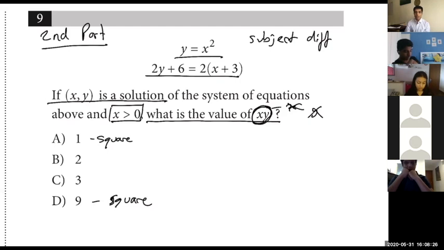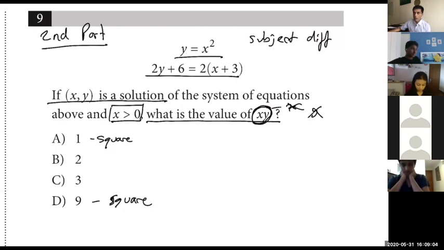This question has many approaches. All right, another 20 seconds. All right, 10, 9, 8, 7, 6, 5, 4, 3, 2, 1.